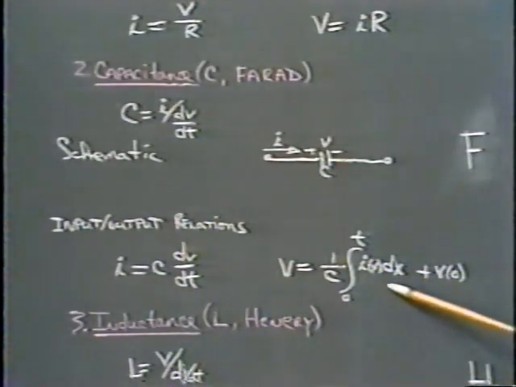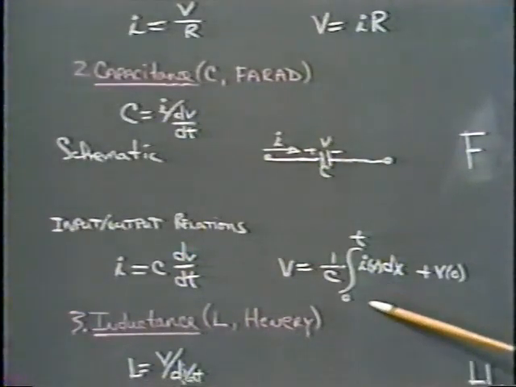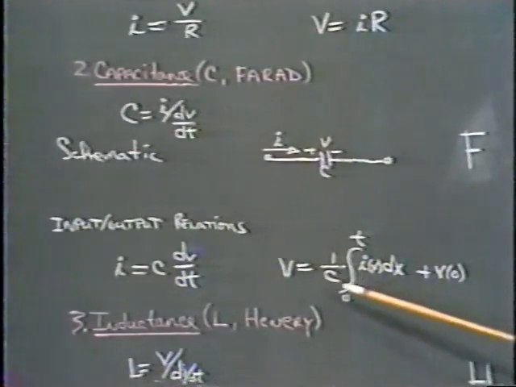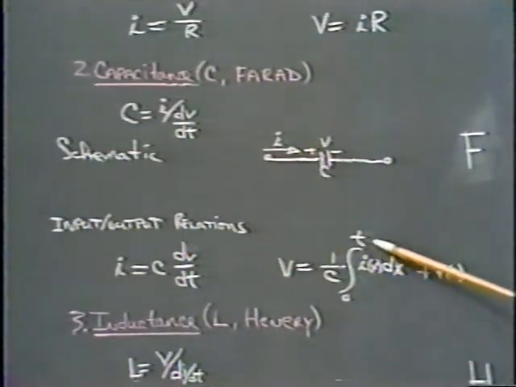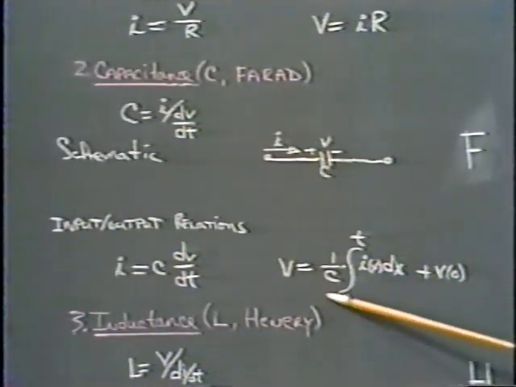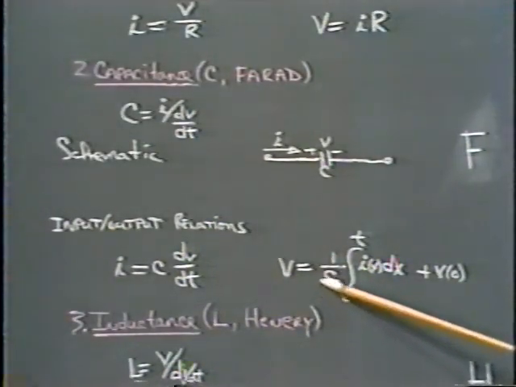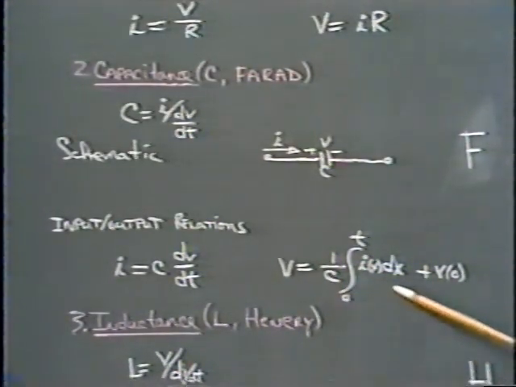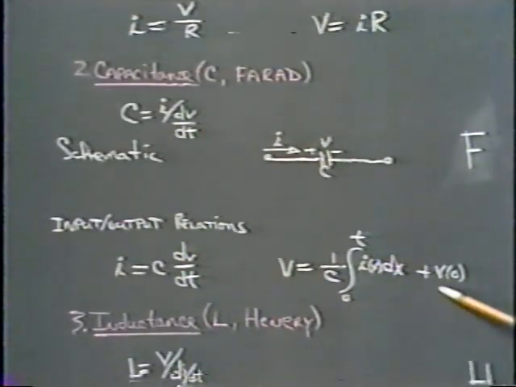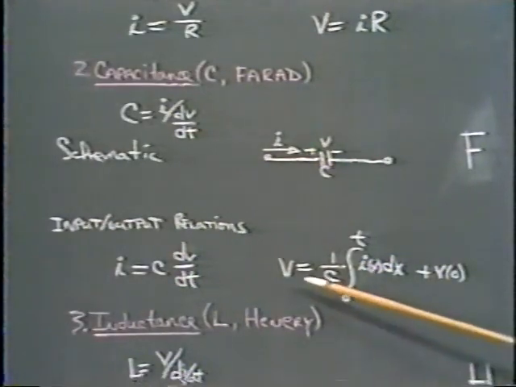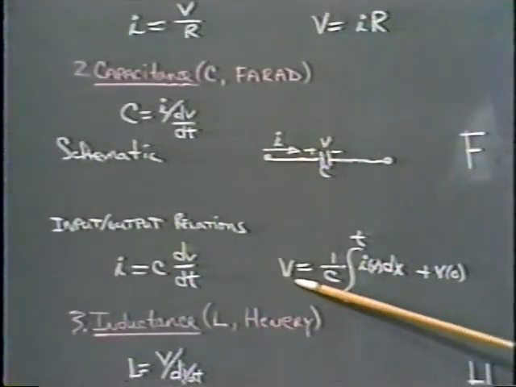The inverse relationship, where we're given current through the device, and we're interested in finding what voltage must be across the device, we apply the opposite operation of integration, integrate the current over some time interval, multiply by 1 over the capacitance, and that voltage, represented by the integral, plus whatever initial voltage appeared on the capacitor, will be the voltage across the capacitor, or our output in this case.